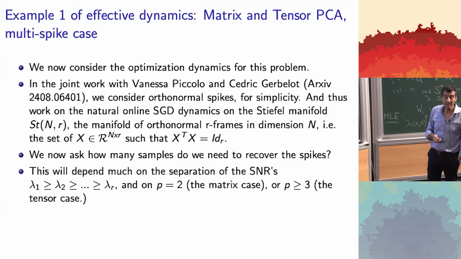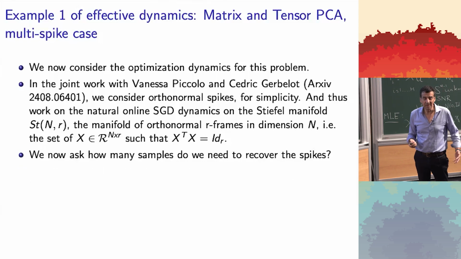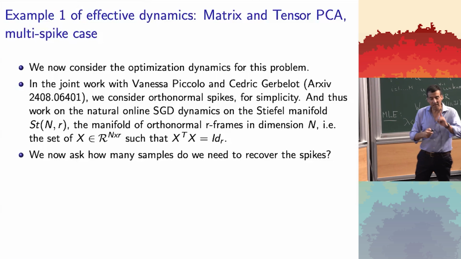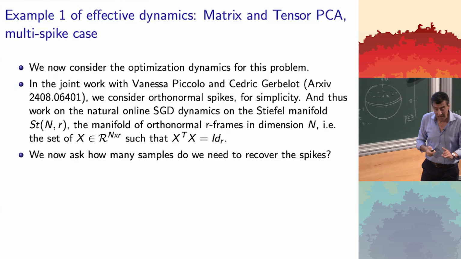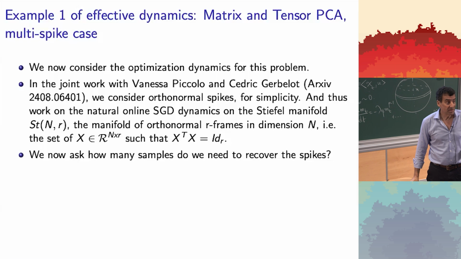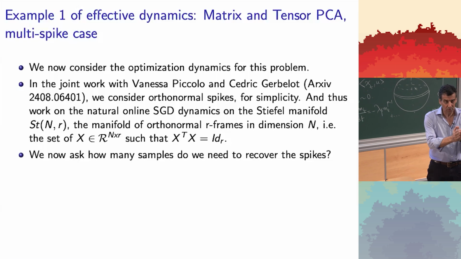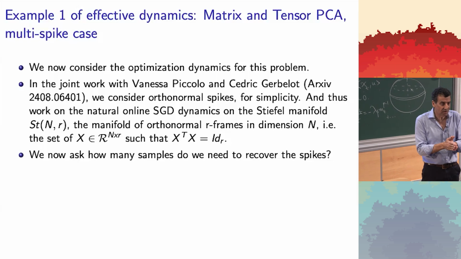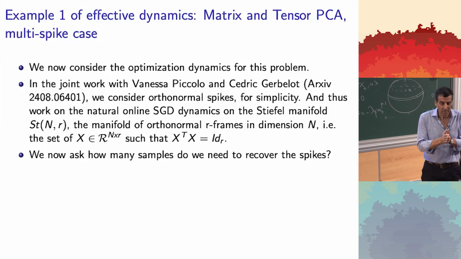Why is that more interesting than one spike? Because now you have the story of possible confusion, which of course we want to understand. In the end, we want classification of cats and dogs, right? But now, if the signal-to-noise ratio, even though I assume the signals to be orthogonal, which is natural, of course, when you pick signals at random, they will be orthogonal.